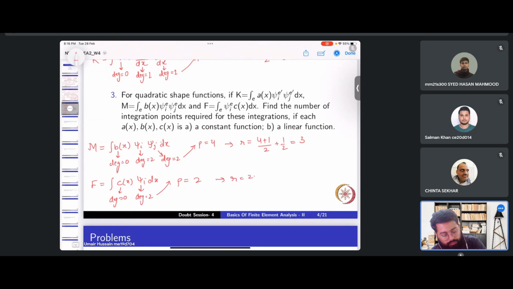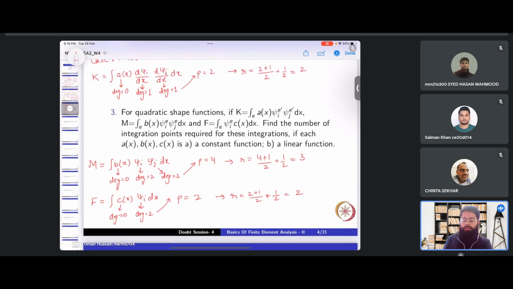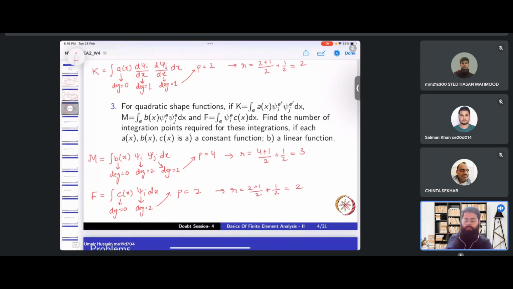So r is again (2 plus 1) by 2 plus half, which is 2. Since the degree of the polynomial is higher for the mass matrix m, we need more quadrature points.